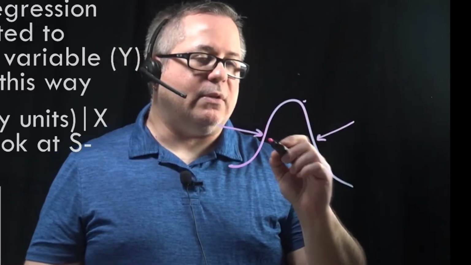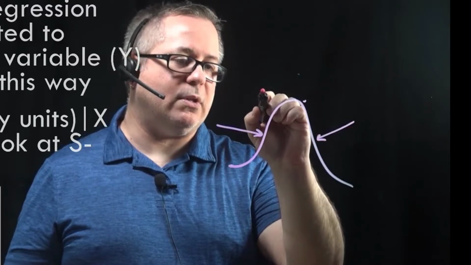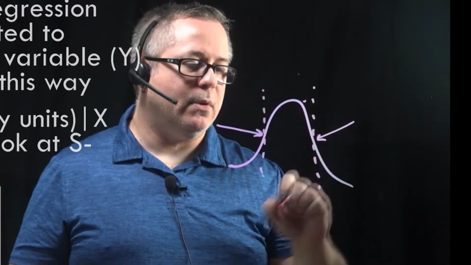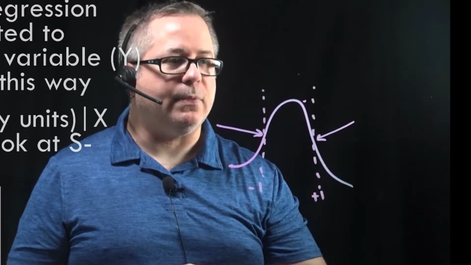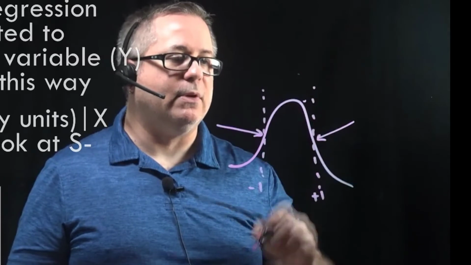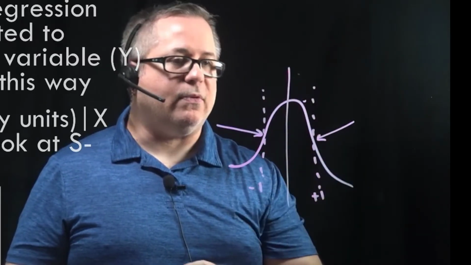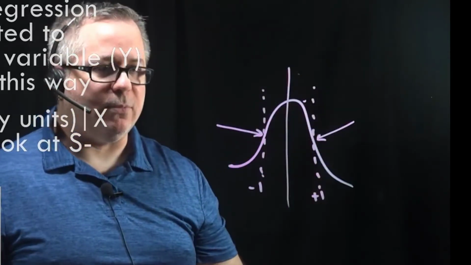And it's interesting, this is just a side note, it has nothing to do with logistic regression, but if you were to draw a line down where those inflection points are on the graph, that would be your -1 and +1 standard deviations. They usually fall right at those inflection points around the mean. So you have the mean in the middle, and then your +1 and -1 standard deviations are right where the inflection points are on the normal distribution.